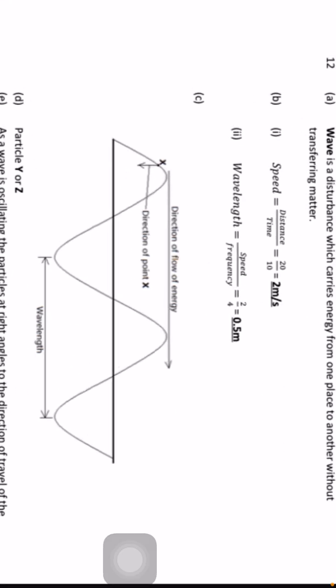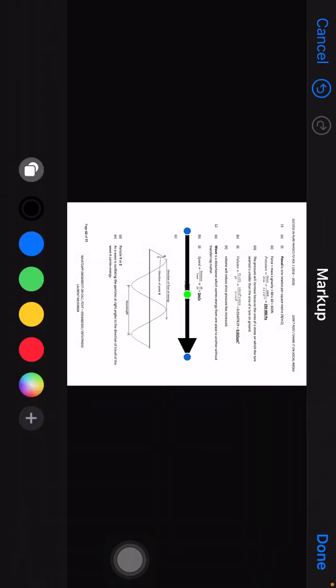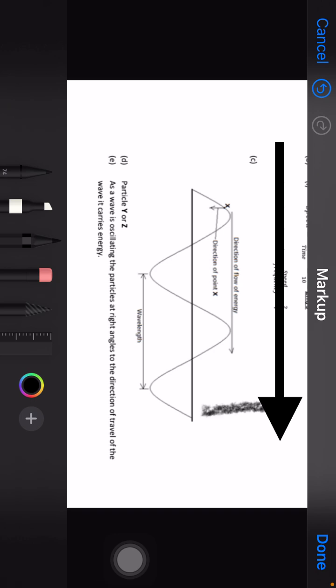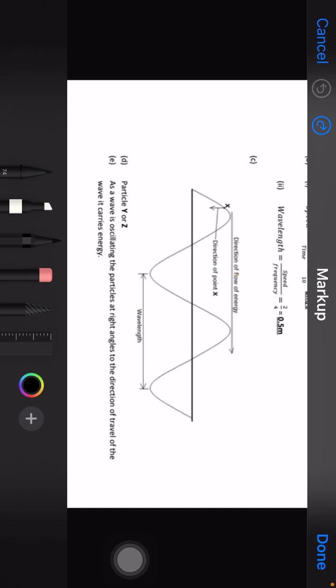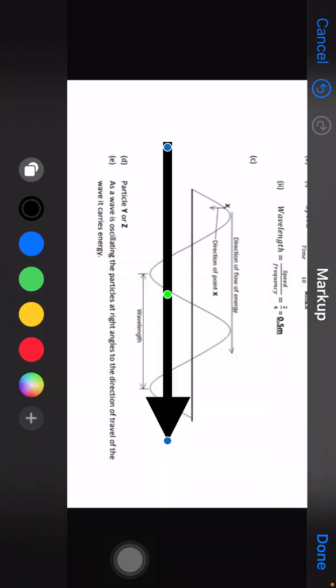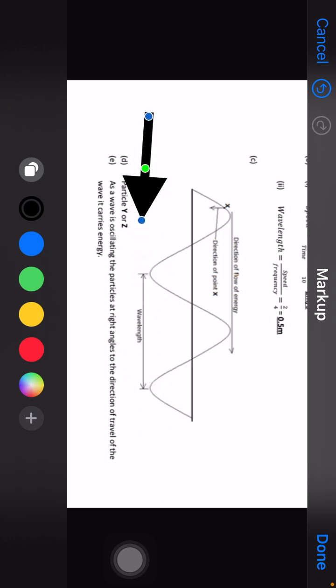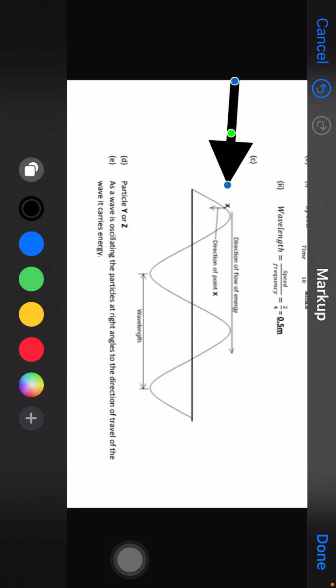Draw the wavelength, of course. How do you indicate wavelength? Wavelength is simply one complete wave. First, you have to define wavelength. Wavelength is the distance between two successive troughs or two successive peaks, the distance from here to here.